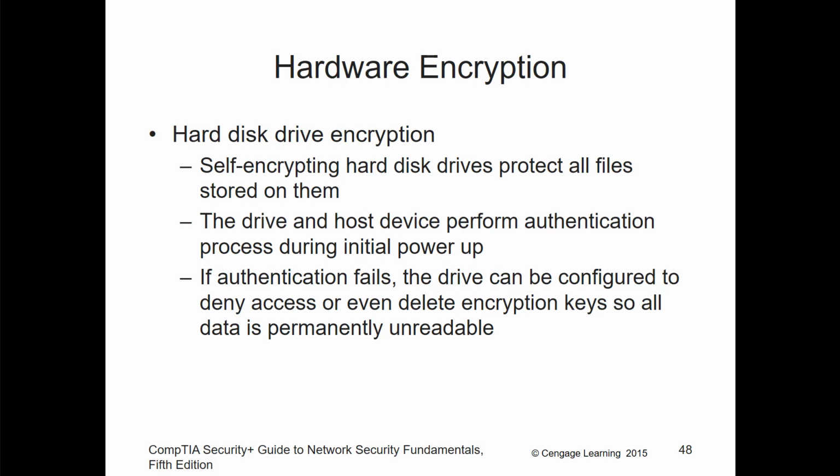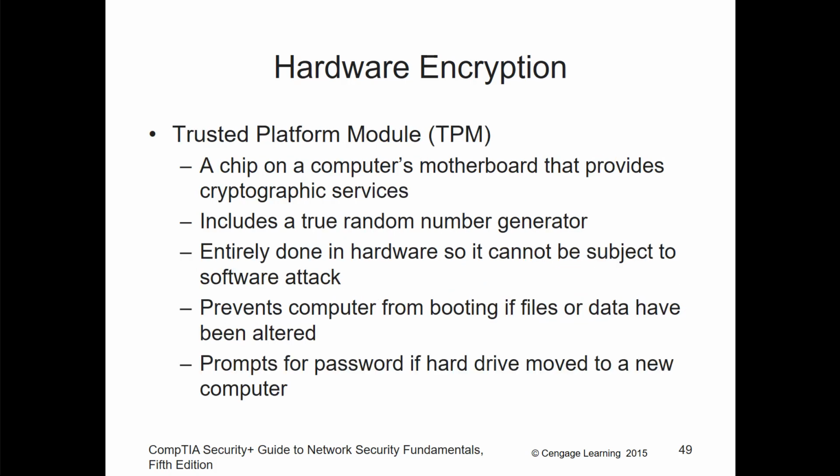Hard drive encryption is self-encrypting, and it protects everything on the hard drive. We already talked about the Trusted Platform Module, TPM, and it's a chip on a computer motherboard that provides cryptographic services, and this will include a truly randomized number generator. It's entirely done behind the hardware, and it's not subject to software attacks.